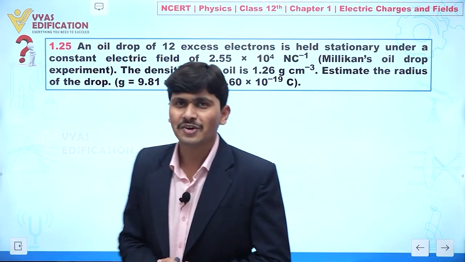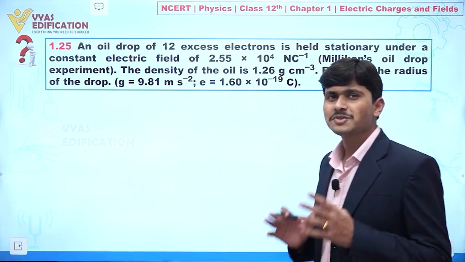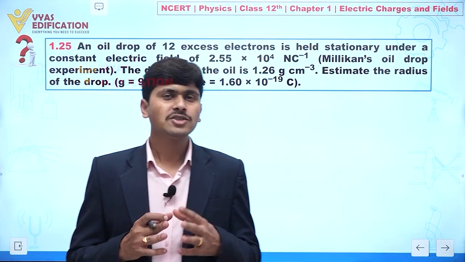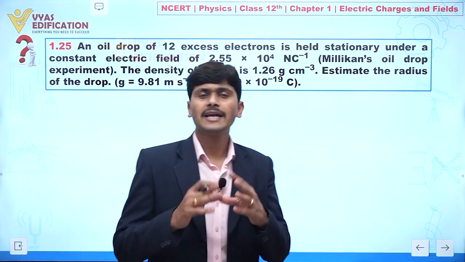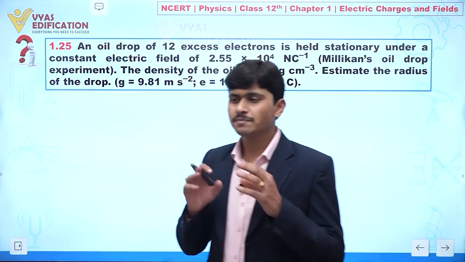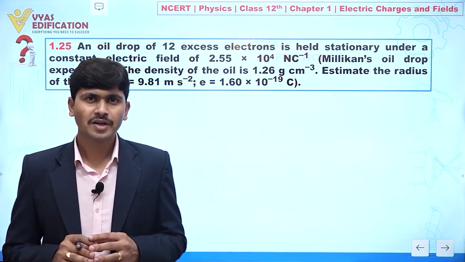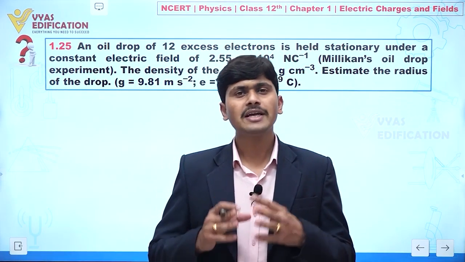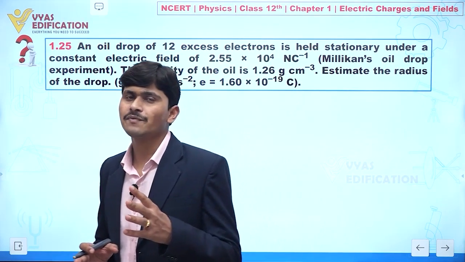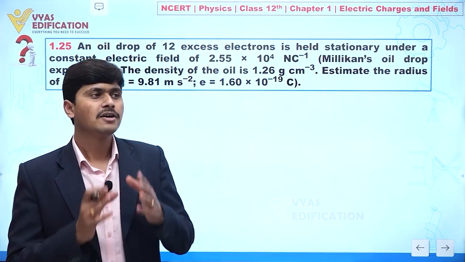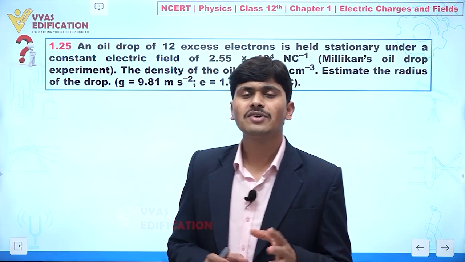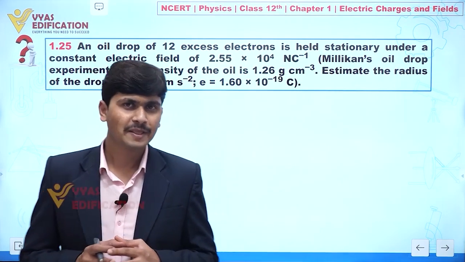Now dear student, we are going to solve the next question, which is related to the Millikan oil drop experiment. In this question we have an oil drop and we provide some charge on that oil drop. If we place that oil drop in an electric field, an electric force will act on it, and we know that F equals QE.